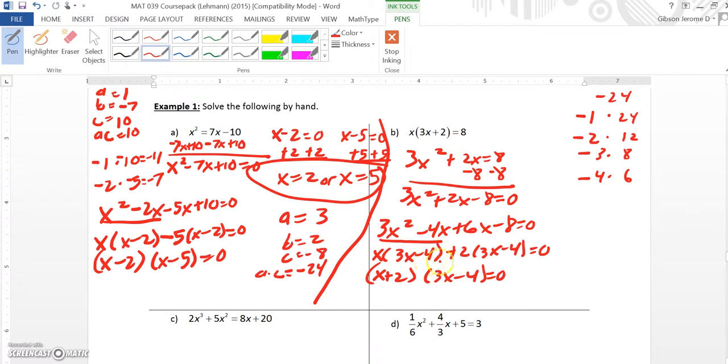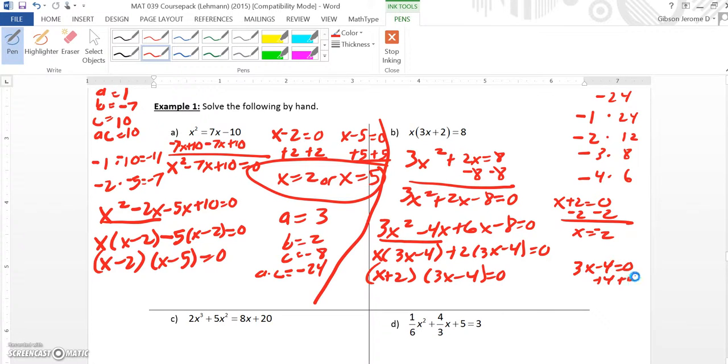So what we would do is set both of these factors equal to 0. So we have x plus 2 equals 0, and then we will have 3x minus 4 equals 0. We will subtract 2 on both sides, and x is negative 2. That's one answer.